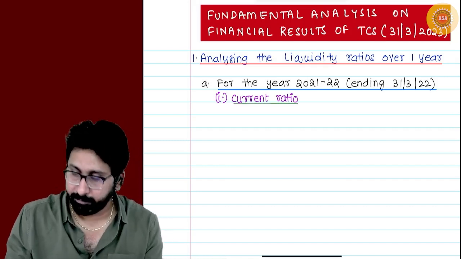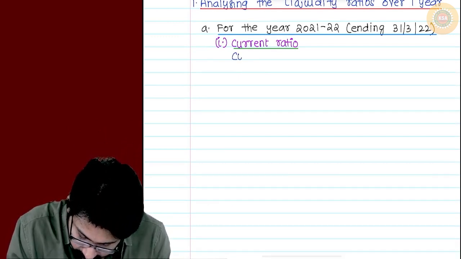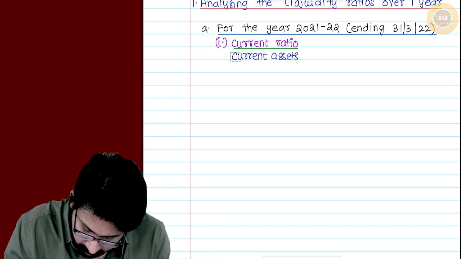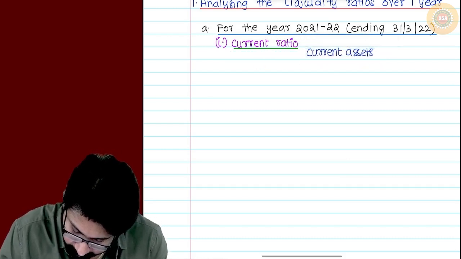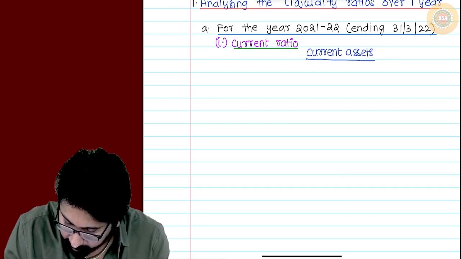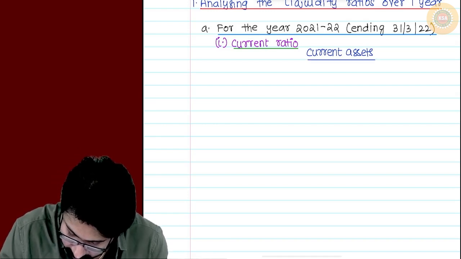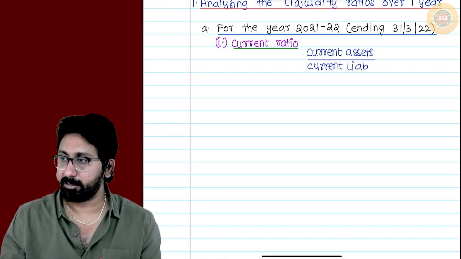Current ratio. First write down the formula clearly. What is the current ratio? Current assets by current liabilities.